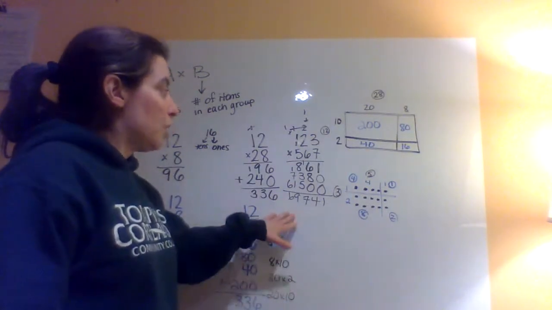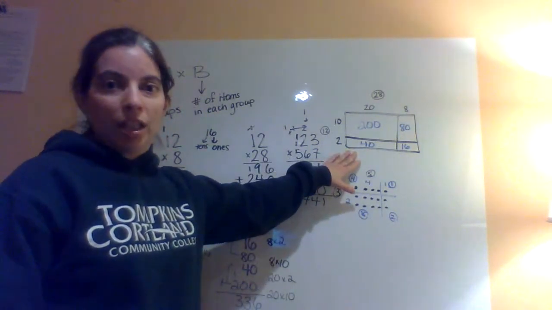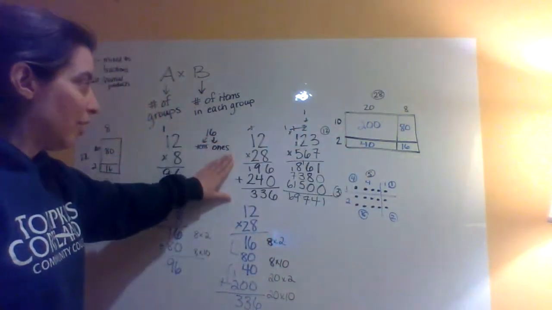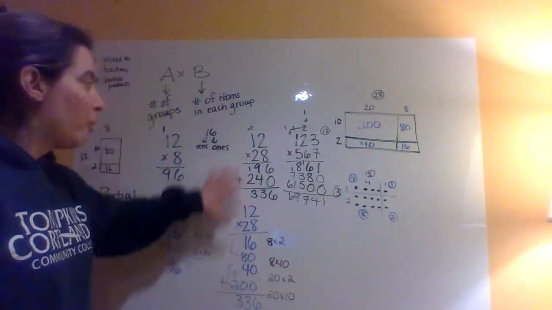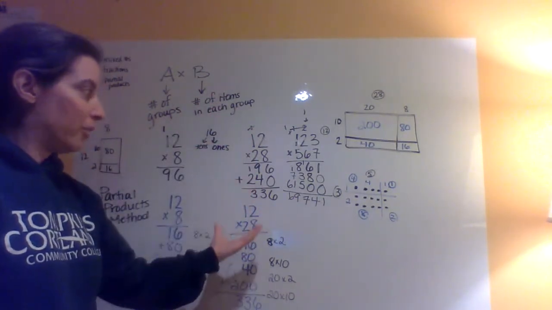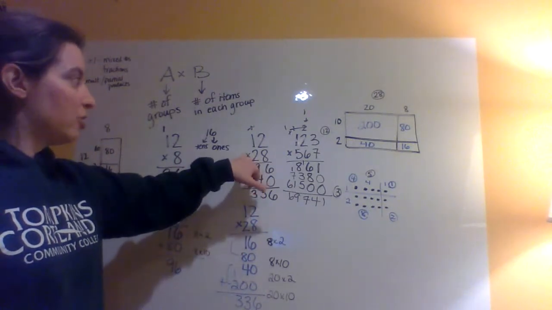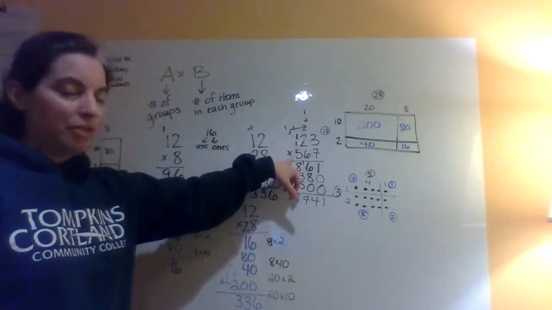Do you want kids to draw this out every time they multiply? No, not eventually, of course not. But you want them to understand what's happening, so that when they use the numerical methods of multiplying, they understand. We want that next generation to understand this is not a 2, it's a 20, and this is not a 5, it's a 500.